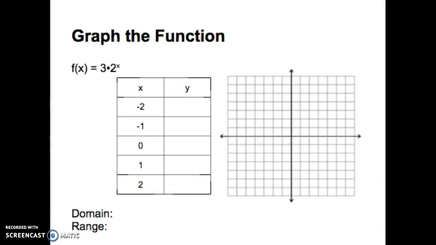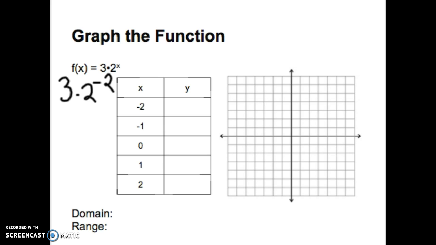As we can see here in our first example, we actually have the function already given to us. So our main objective here is simply to input numbers into our x value and then come up with our y values, creating a graph and making a domain and range. So for this first example, we simply need to plug in our x values.